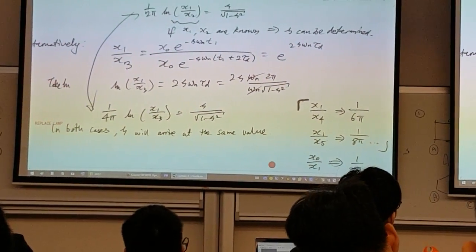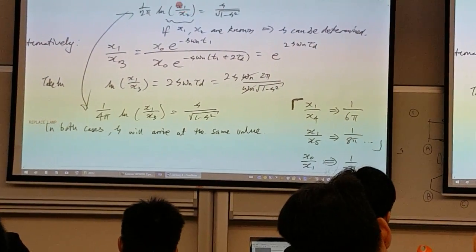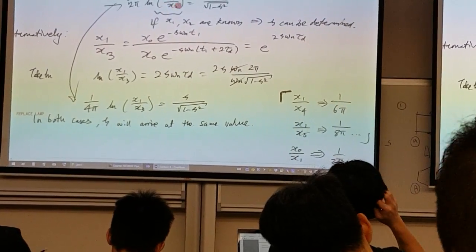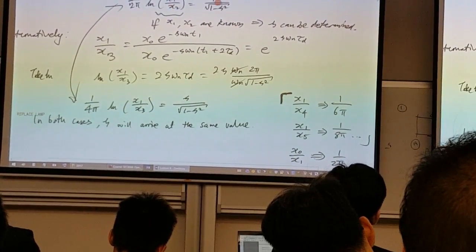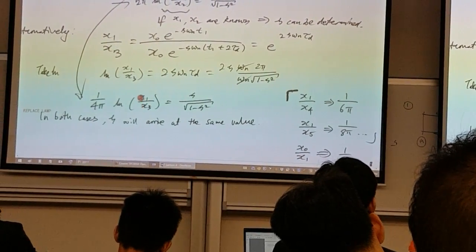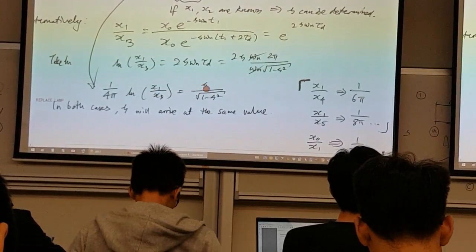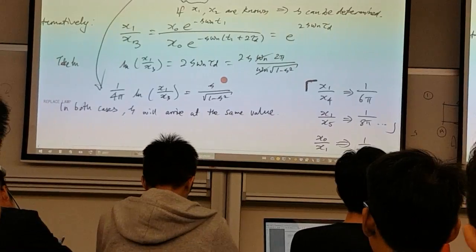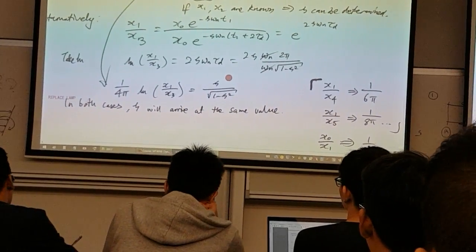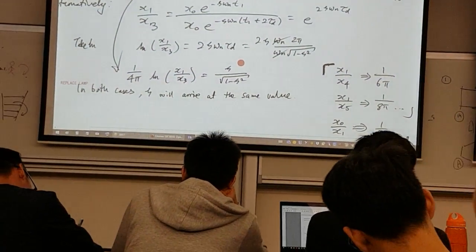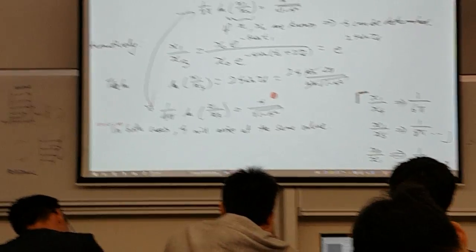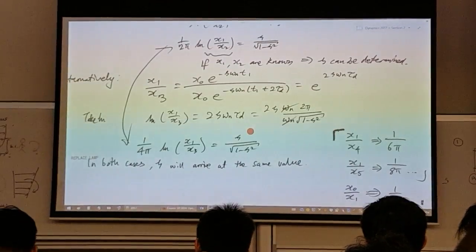That means if you were to solve for this zeta, let's say x1 over x2, after you measure it, you know what it is, calculate it out. x1 over x3, if you know what it is, calculate it out. These zeta values for those cases will be the same value, no matter which pick that you're taking.